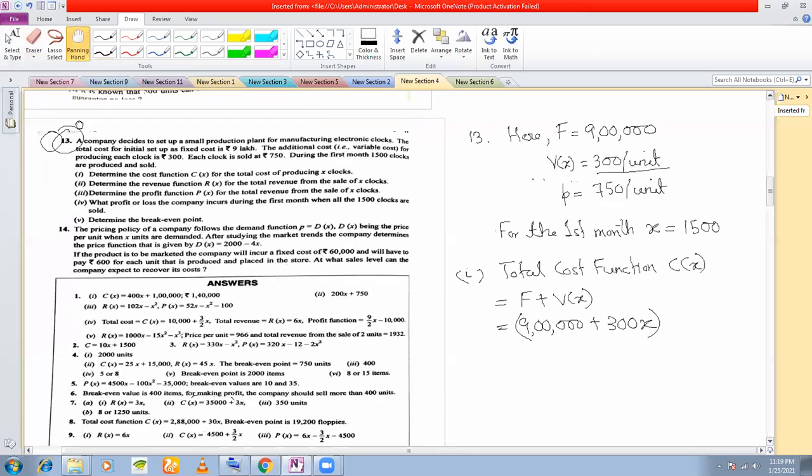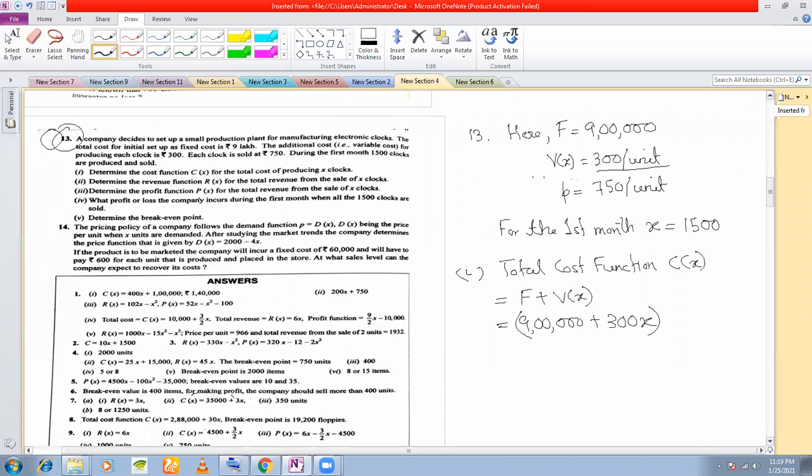So next question here is determine the revenue function for the total revenue for the sale of clocks. What is the total revenue function?